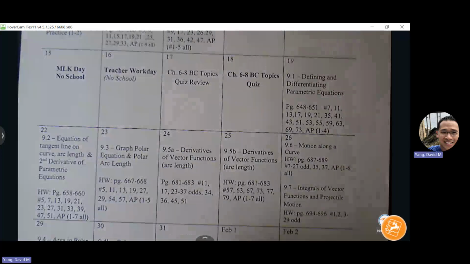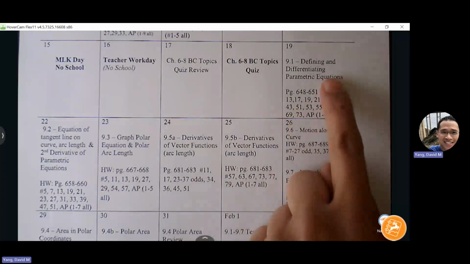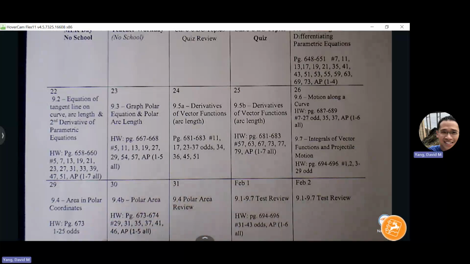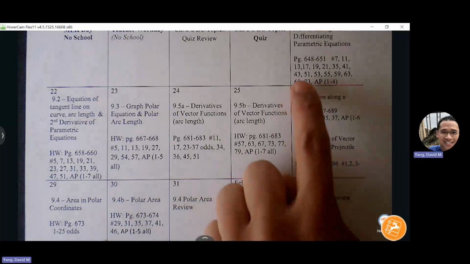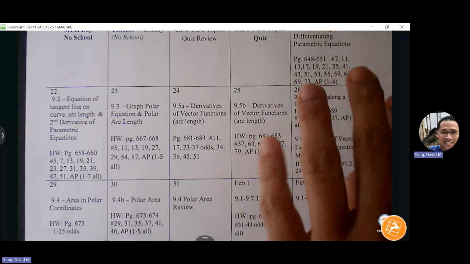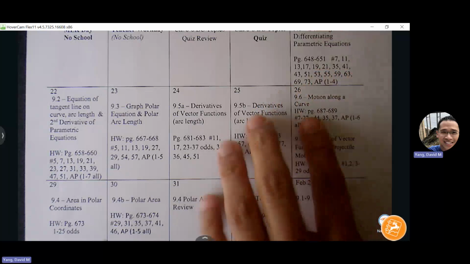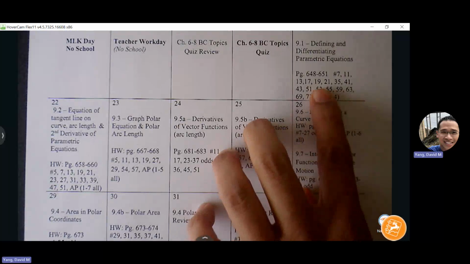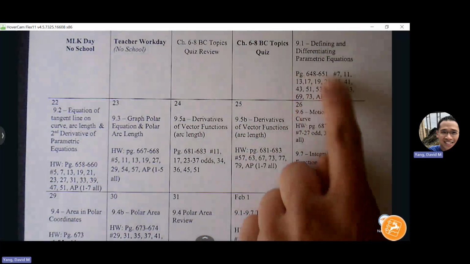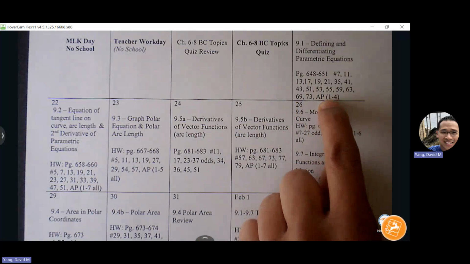After that, we have 2 more units left. You have parametric, polar, and vector functions, and I think I'm just going to make the homework be within the packet where the notes are. That will cut down on all the homework, and I feel like that should be sufficient.